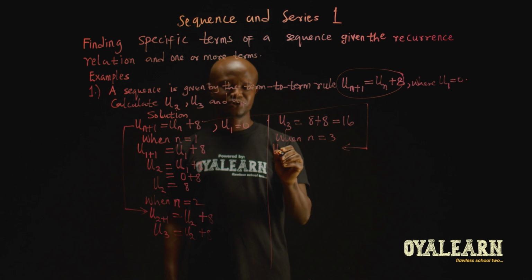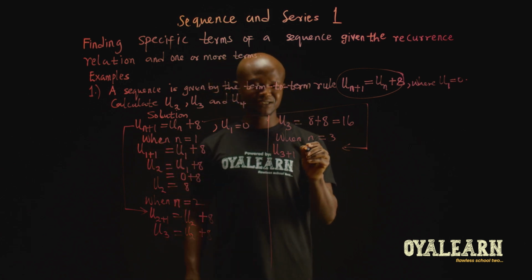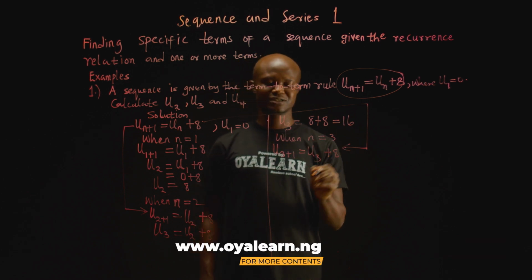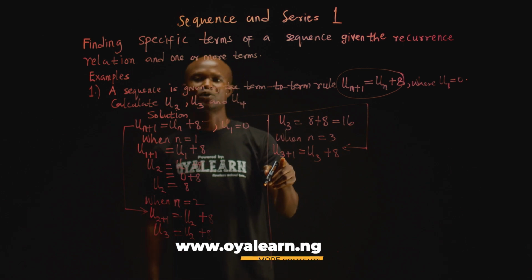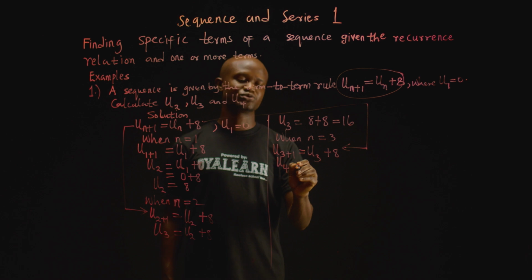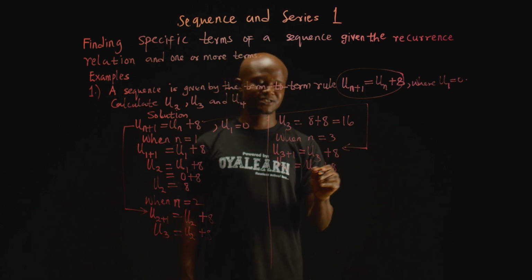So we have U subscript 3 plus 1 equals U3 plus 8. Now, 3 plus 1 will give us 4. So this is U4 equals U3 plus 8.